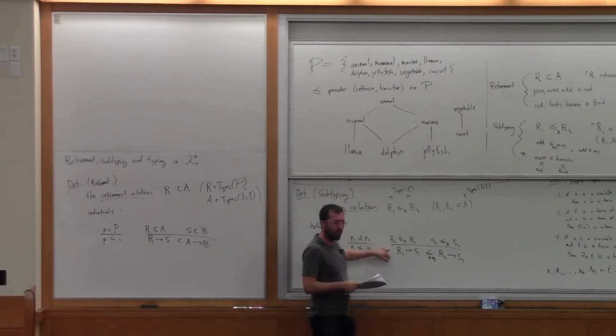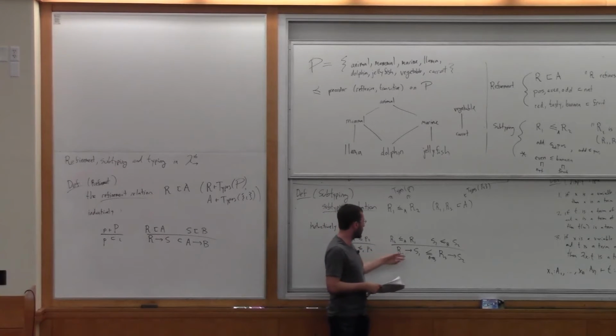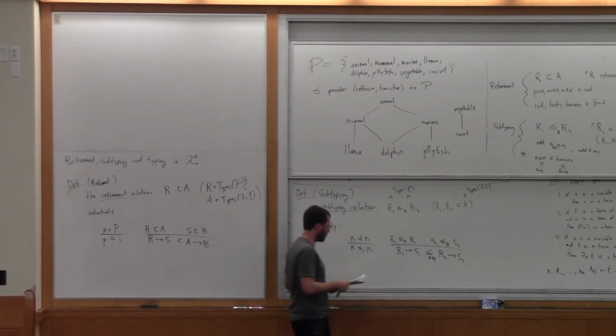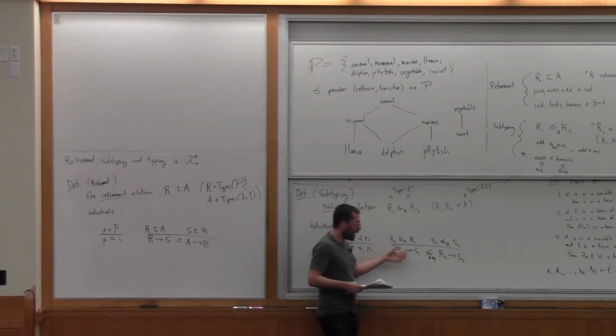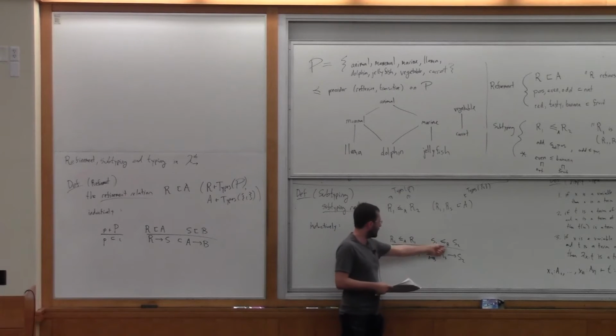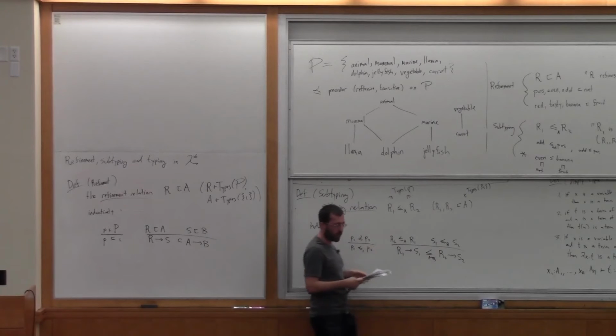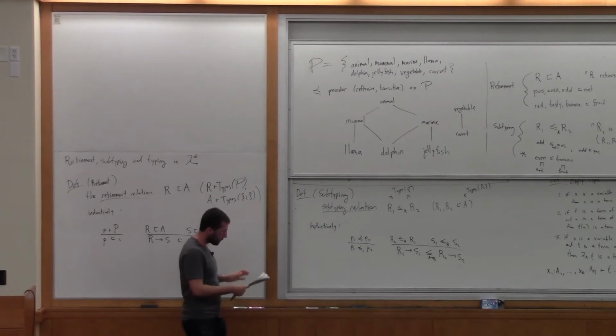The subtyping rule for function types, where it's covariant in the range and contravariant in the domain. I've been very pedantic about including the indices here on the types, to make clear that again the subtyping relationship is between two different refinements of the same type.